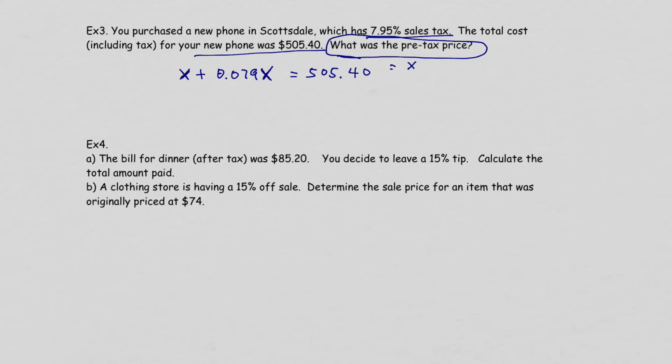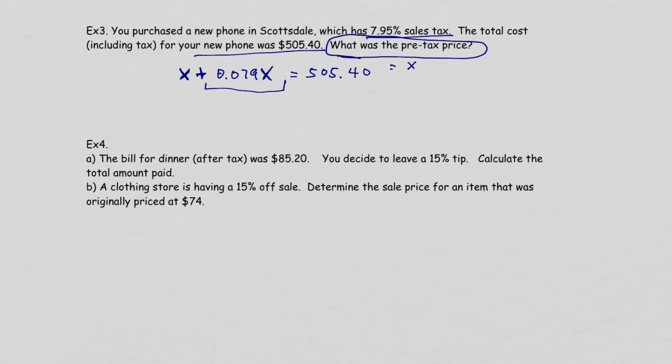So this is the original price, and then this is going to be your tax amount. To find the tax amount, you do sales tax percent times the original price, right? That's added to the original price. That's how you can write the equation and solve for x, right?